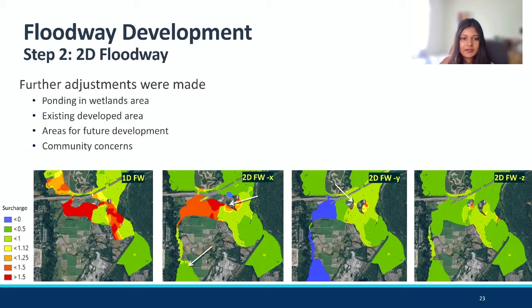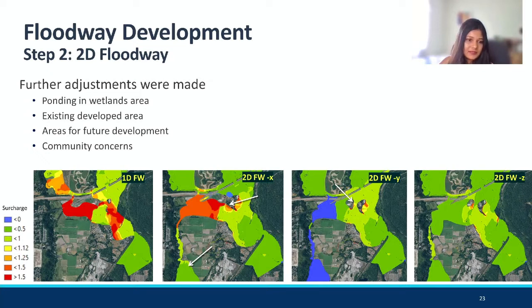The second figure you see, the first big thing we added back was the storage area from the south. This area takes a lot of volume from what we saw from the 2D model, and the first thing we did was add that back, and you can see how the surcharges kind of improved from that really dark red.